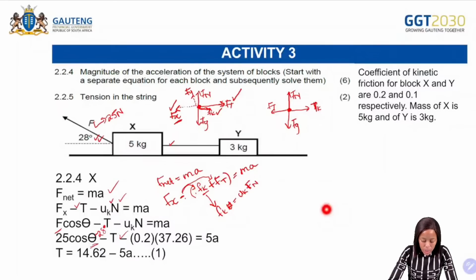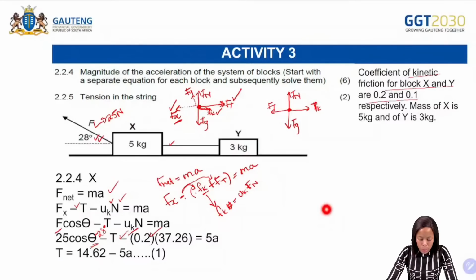Then minus what? Minus the tension. And then what do we have for the coefficient of X? It said the coefficient of kinetic friction for block X and Y are 0,2 and what? And 0,1 respectively. So it means that we are therefore going to substitute what?